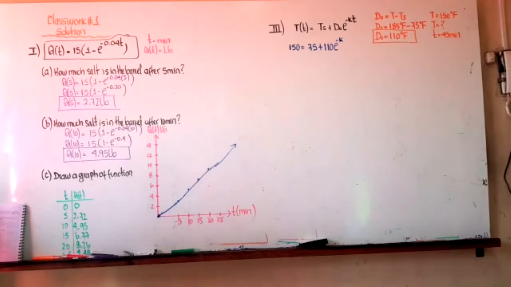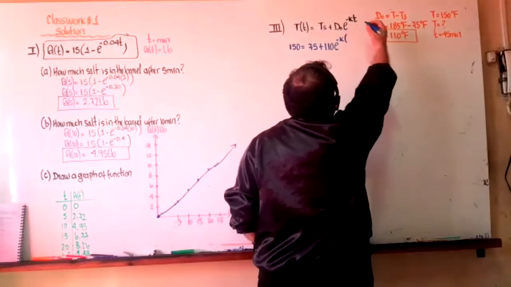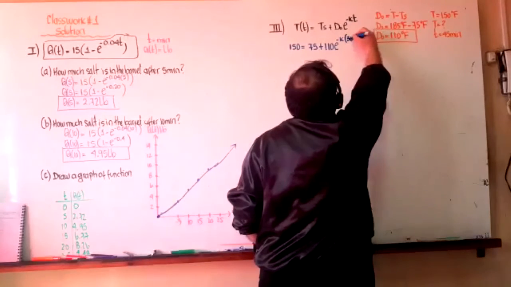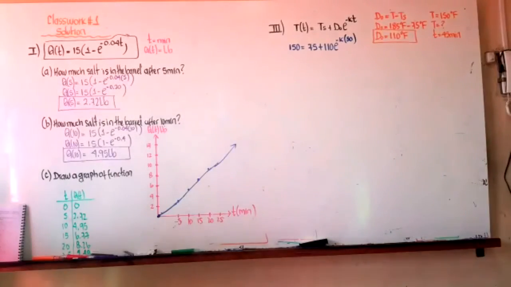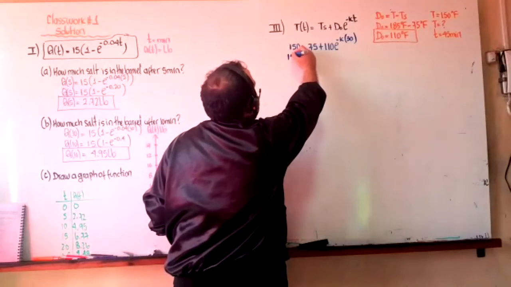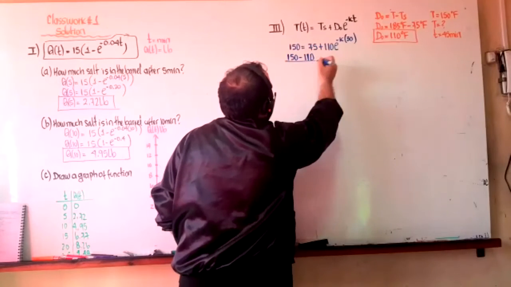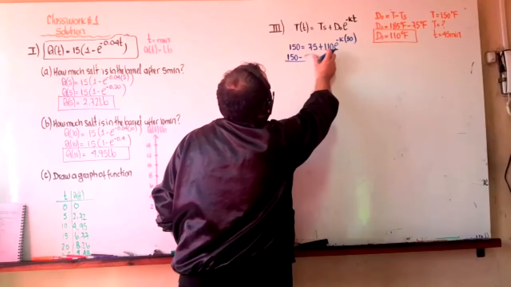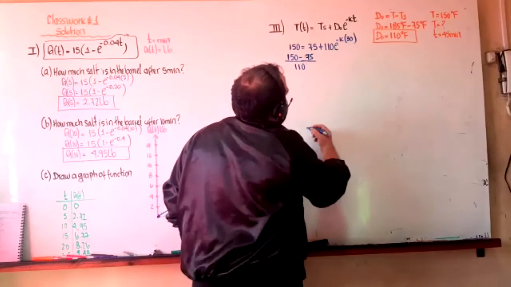Half an hour, so that means 30 minutes. Remember, the period of time is supposed to be given in minutes. Okay, this is what we're talking about in this case. So we must subtract 150 minus 75 over 110.